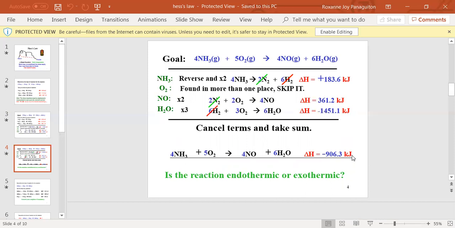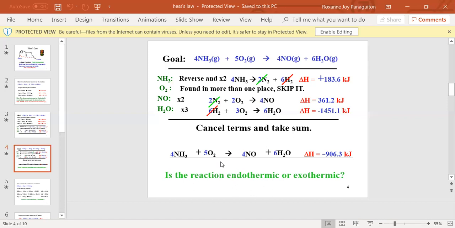Okay? So, if you look at your goal equation and your final equation, they are both similar. So, the steps you did of reversing the equation and multiplying it with different coefficients were correct. Now, the question is, is this reaction endothermic or exothermic?